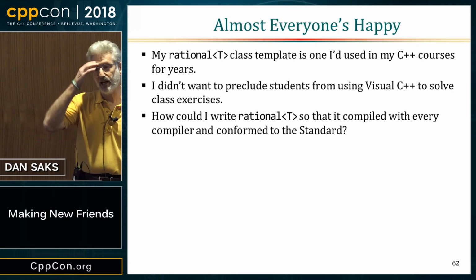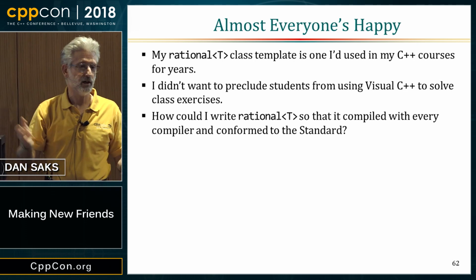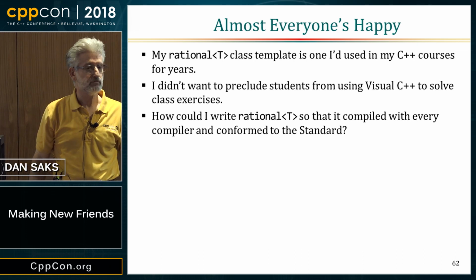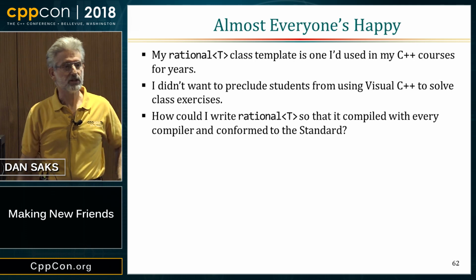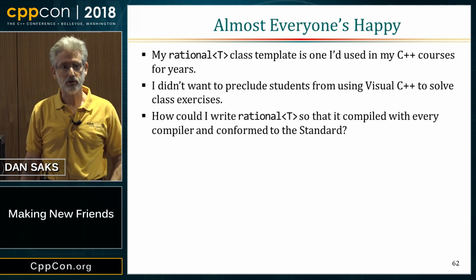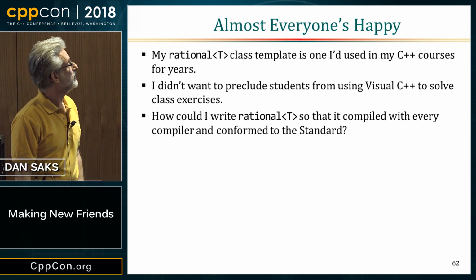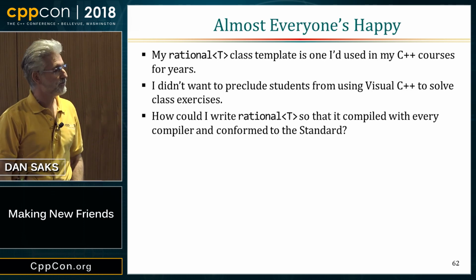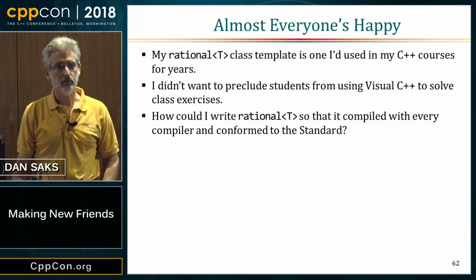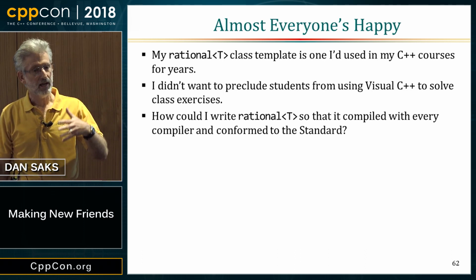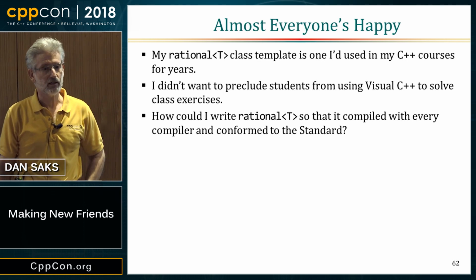And I had a flashback. It took me a little while, but I remembered that I was doing this work in the late 90s, early part of the millennium, and compilers were still not in agreement about a lot of these corner cases. I remembered that early versions of the Microsoft compiler had this as a chronic problem: the inability to associate a friend function with a definition that appeared outside the class.